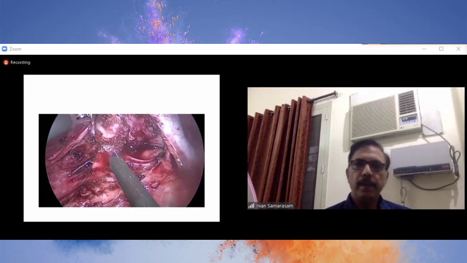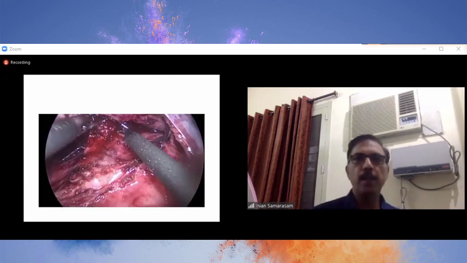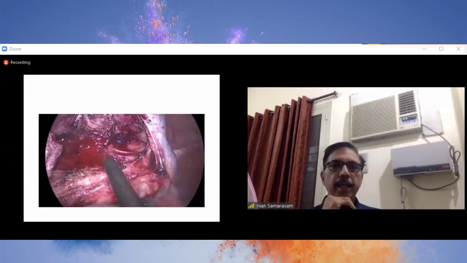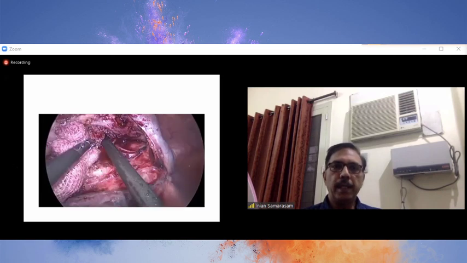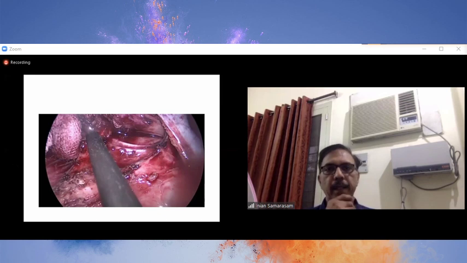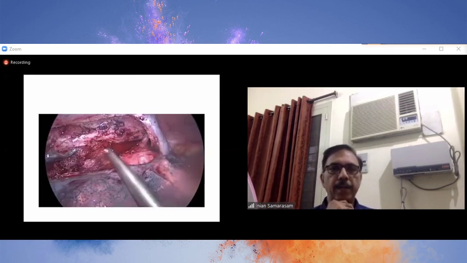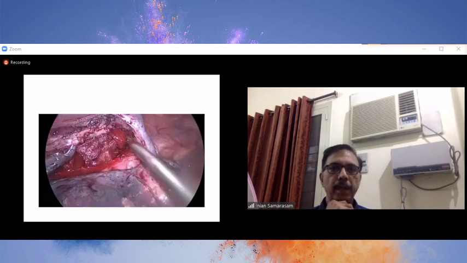So this is a patient that we had. This was a mid-third tumor. This is post NACRT. So you can see that it's quite adherent in this region. So we were slowly dissecting and then managed to hit this bleeding point. So this was probably the tumor getting attached.